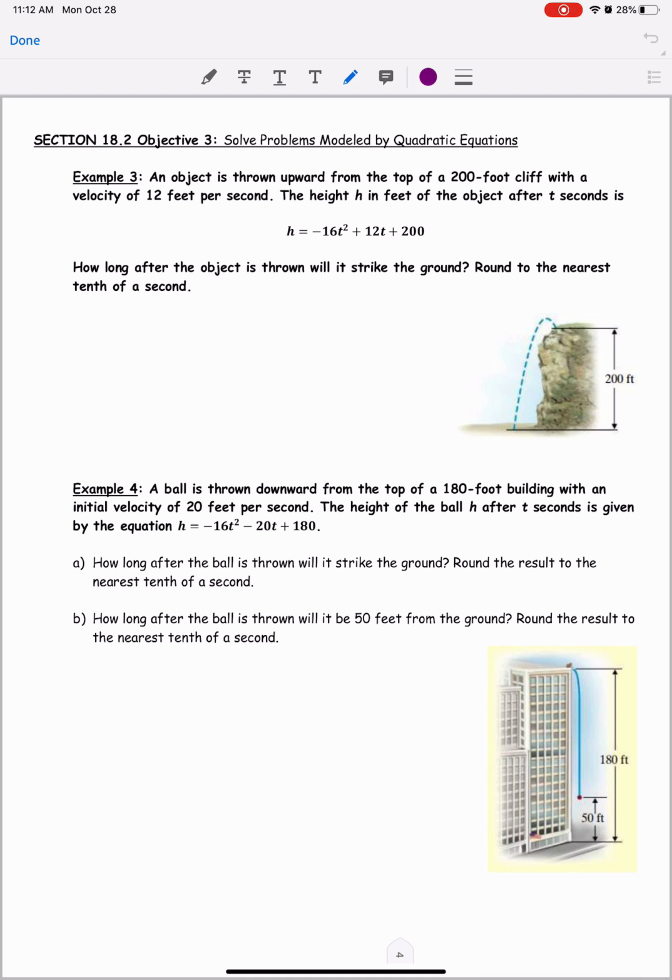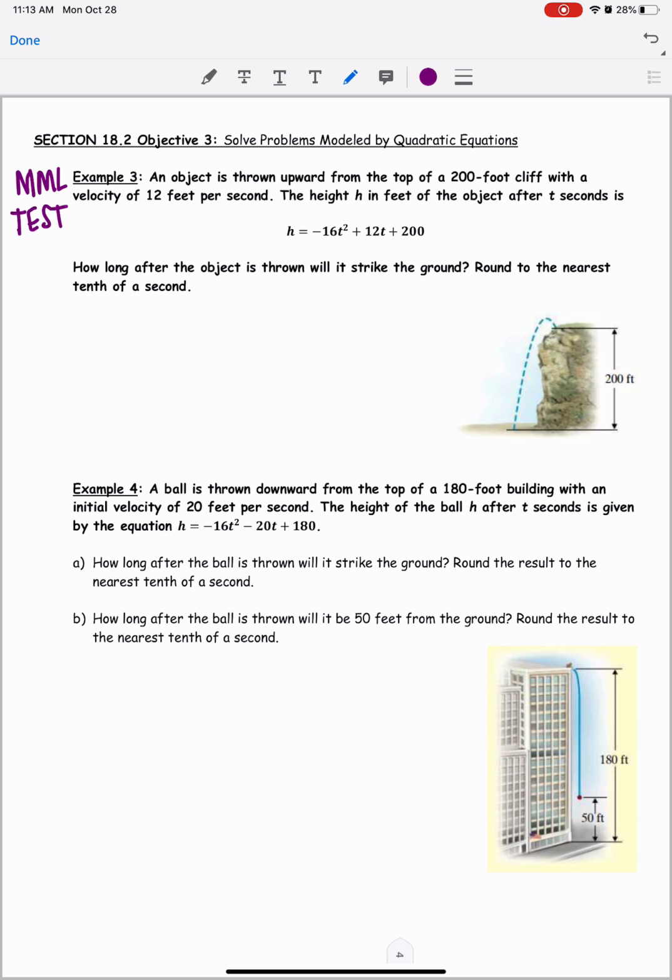We're not skipping example 3 because not only do you see something like this in your MyMathLab, this is also a test question or a test type of question. So it says an object is thrown upwards from the top of a 200-foot cliff with a velocity of 12 feet per second.